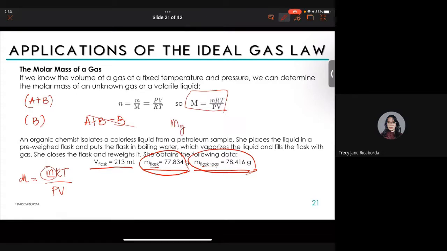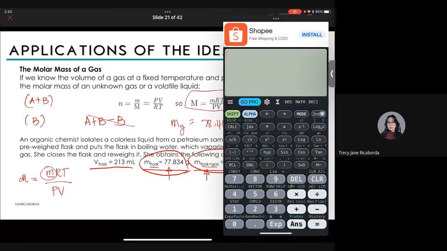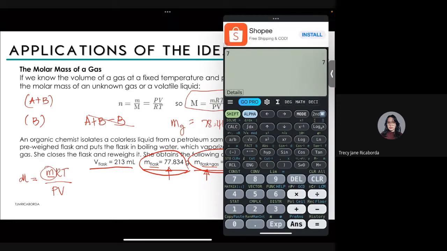So mass of the gas is equal to this mass, 78.416 grams, minus that mass here, minus 77.834 grams. So that's 78.416 minus 77.834.